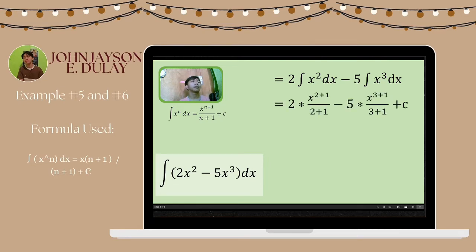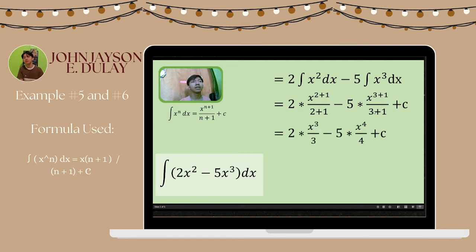So next we follow the formula, particularly x raised to n plus 1 over n plus 1 plus c. So it becomes 2 times x squared plus 1 over n plus 1 minus 5 times x cubed plus 1 over 3 plus 1 plus c.